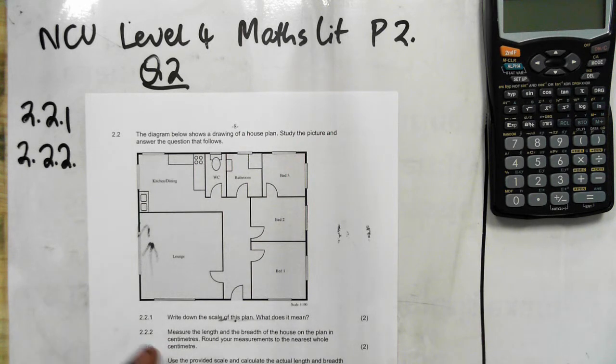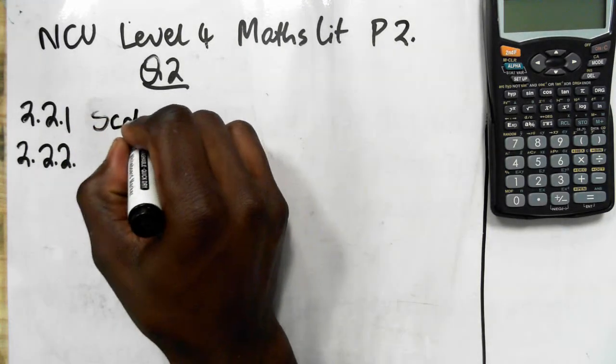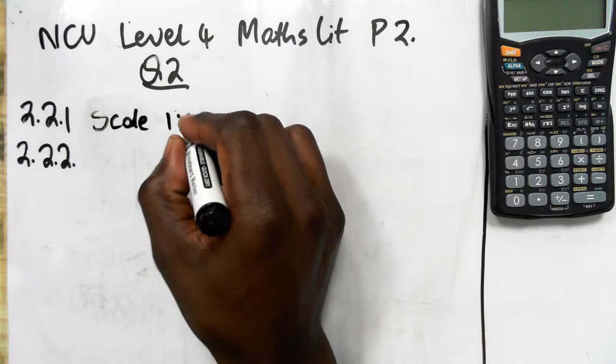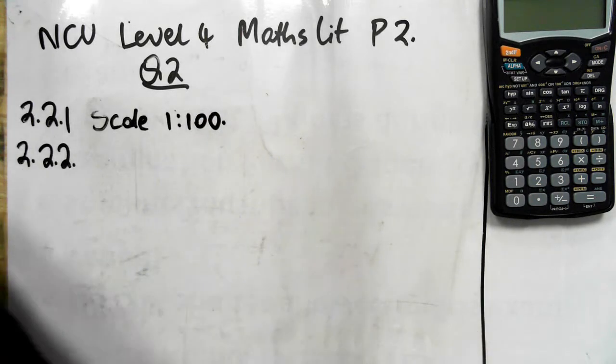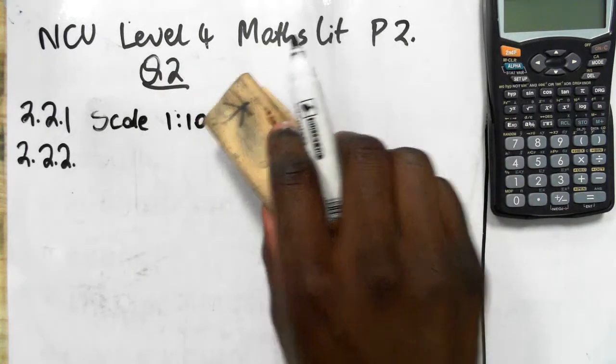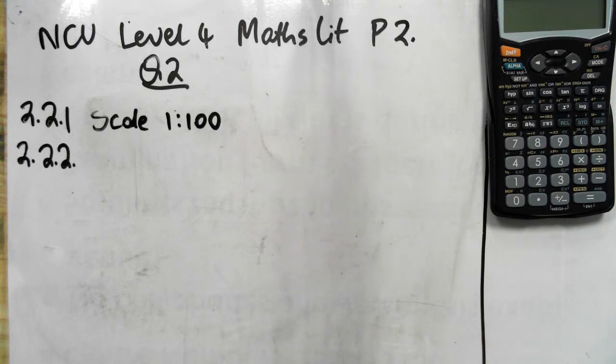Question 2.2.1, write down the scale of this plan. What does it mean? So we've seen that the scale is 1:100. Okay, no need for the full stop. What does it mean? There are many ways, fellas, how you can answer this. One way to go with it is as follows.